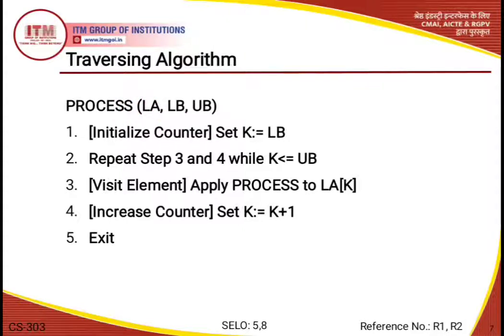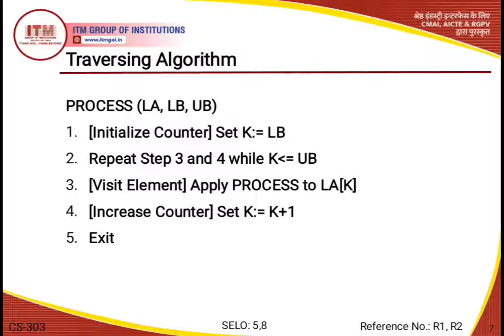The simplicity of this algorithm comes from the fact that LA is a linear structure, and other linear structures such as linked lists can also be easily traversed. On the other hand, the traversal of a non-linear structure such as trees and graphs is considerably more complicated.